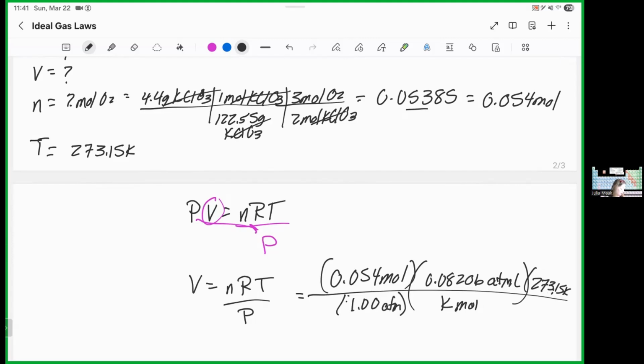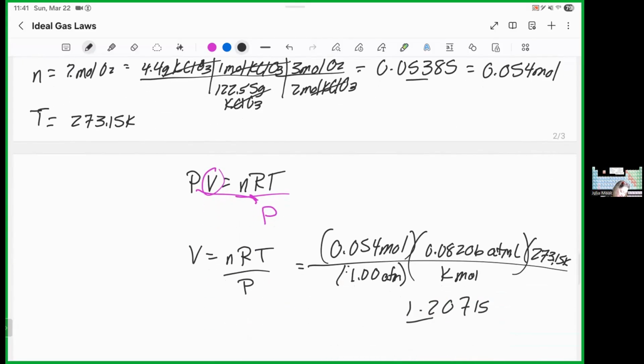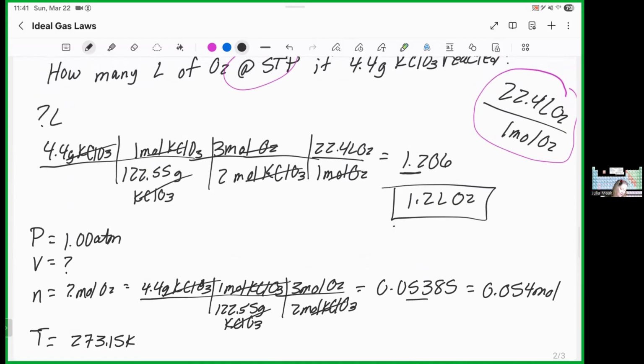If we do all of that math, I get 1.20715. At 2 sig figs, we're at 1.2 liters, which is exactly the same value that we got up here.